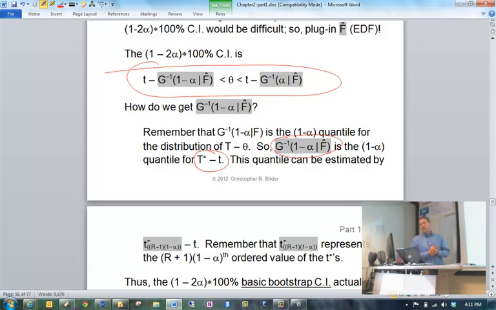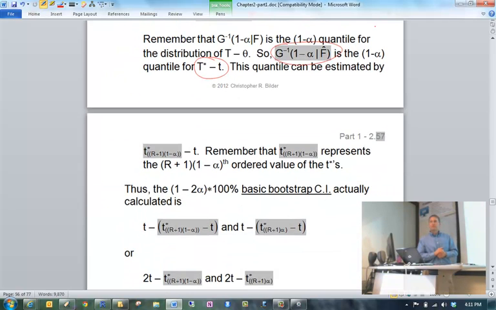In case I didn't say so, we are right now. F hat is the EDF. So how do we estimate this? Well, we take a bunch of resamples and find the R plus 1 times 1 minus alpha order T star, subtract that from T. That will give us the 1 minus alpha quantile, and do a similar thing for the alpha quantile.